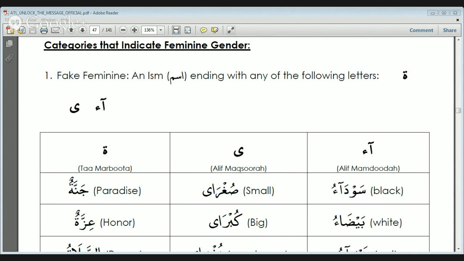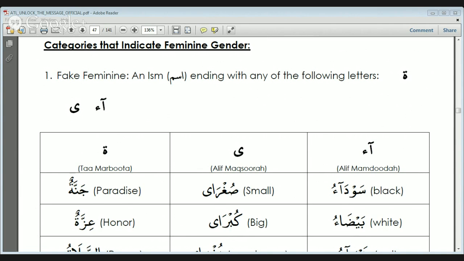What does it mean? Mother. How do you say daughter? Bintun. Daughter. How do you say sister? Ukhtun. So those are some words which refer to women.